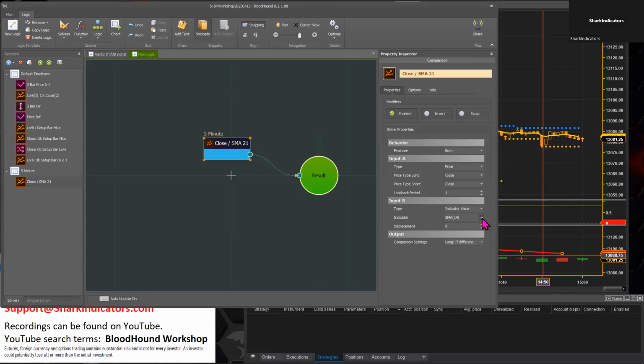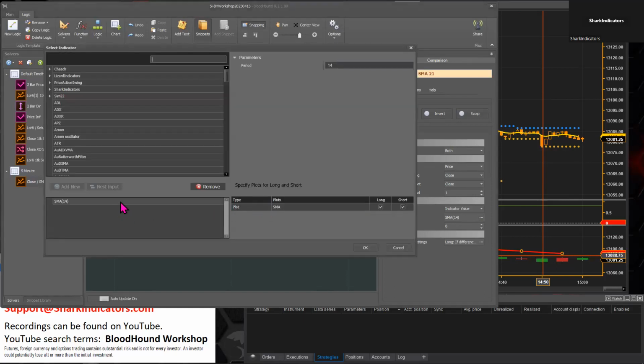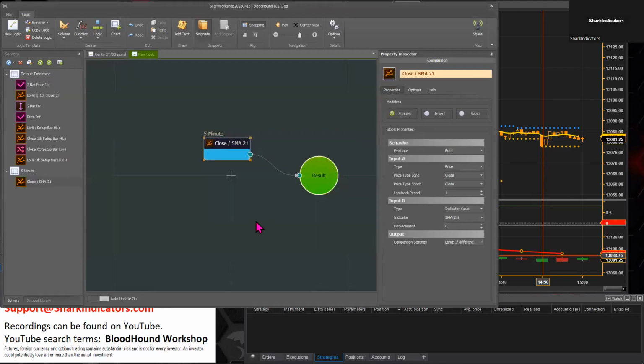Input B is going to be the SMA 21. So we just need to open up the SMA and change it to a 21 period. Also, let's open up the rules window here.